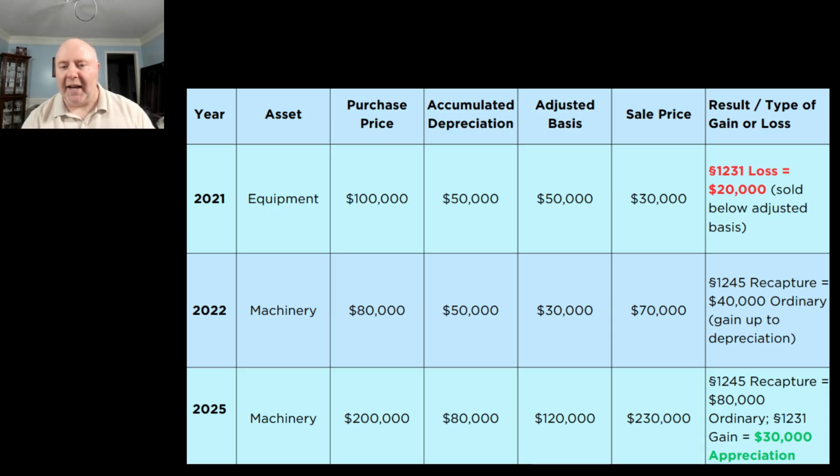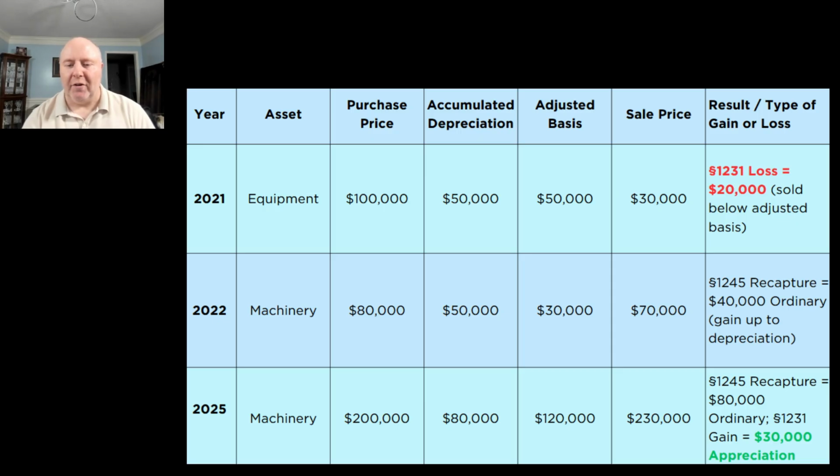The only time that you're going to have 1231 gain is if your sale price is greater than your purchase price. If that doesn't happen, there will be no surviving 1231 gain. We don't even have to look at the 5-year look back.